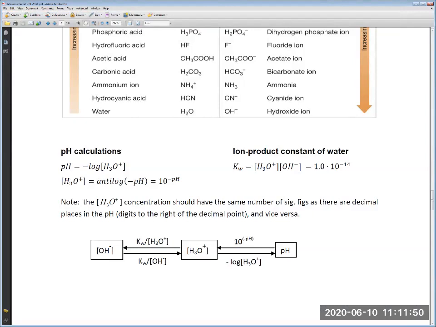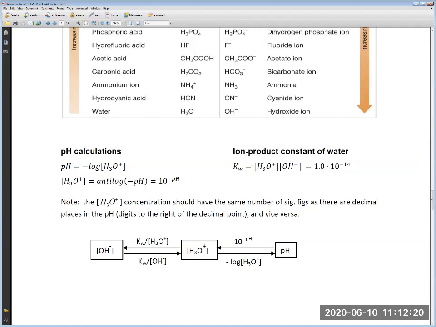The equilibrium constant for the dissociation of water is the concentration of the hydronium times the concentration of the hydroxide ion. We know the value, and it's always that value, because we've taken pure water and found that the concentrations in pure water were each equal to 1 times 10 to the negative 7. When you multiply them together, it's 1 times 10 to the negative 14.